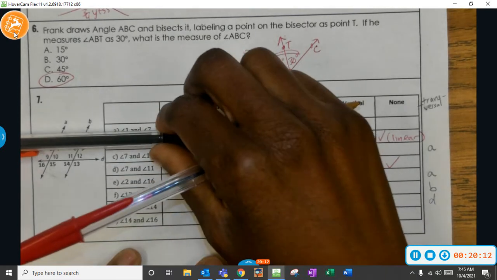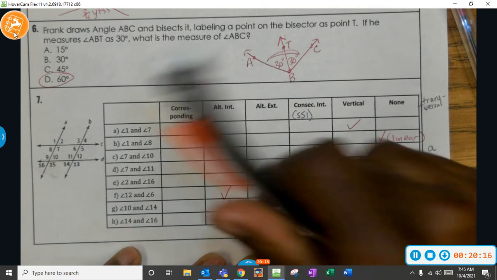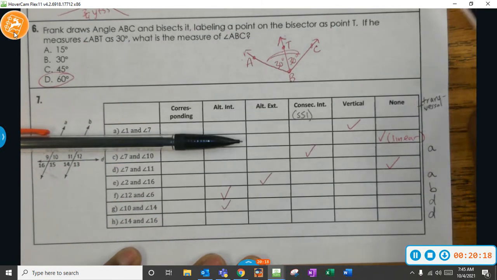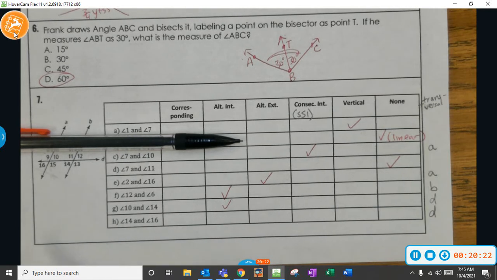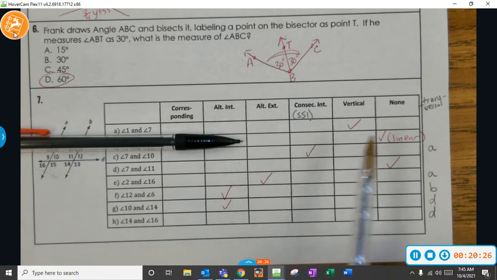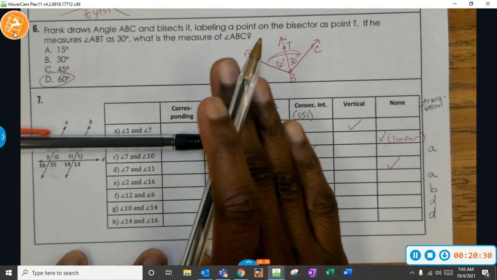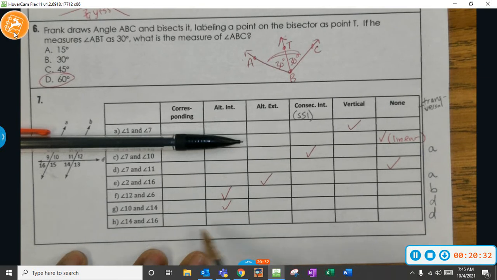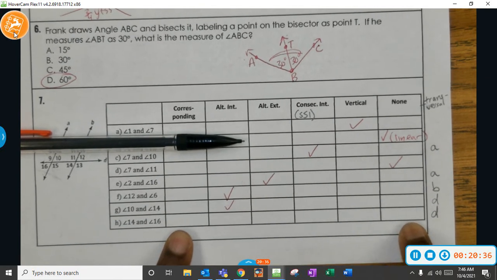And 14 and 16 is also on transversal D. If I ask myself, are they inside or outside? 14 is inside, but 16 is outside, so I'm automatically eliminating anything with interior or exterior in the name. It can only be corresponding, or none on here. I just need to make sure they're in matching positions.